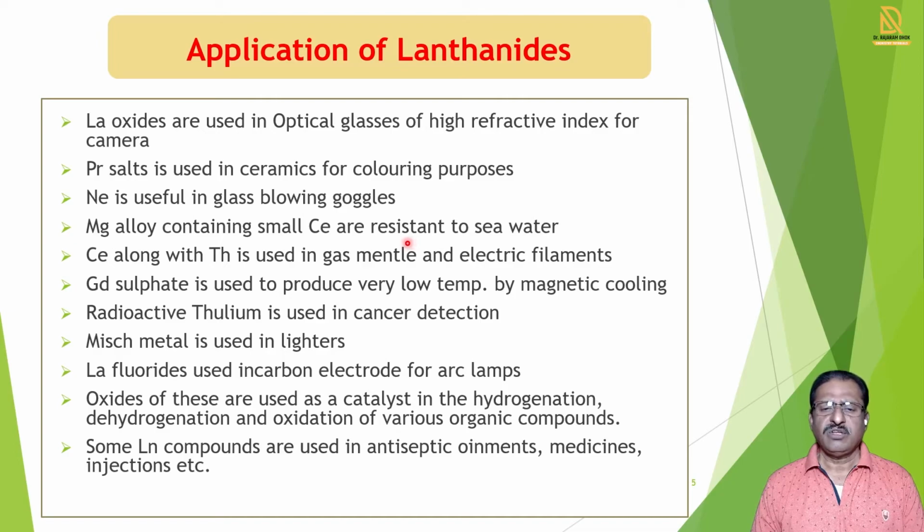In seawater, different ships and other vehicles move, and seawater has a very high corrosive action on metal. To resist that, magnesium with cerium is used. Then cerium metal along with thorium is used in gas mantles and in electric filaments.